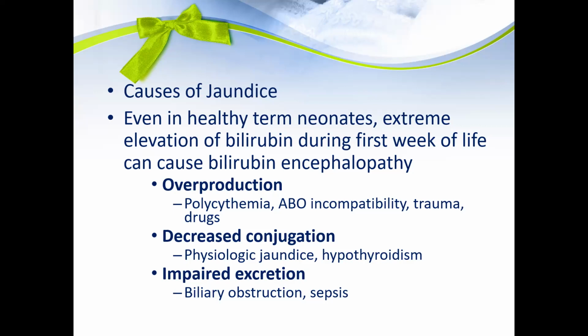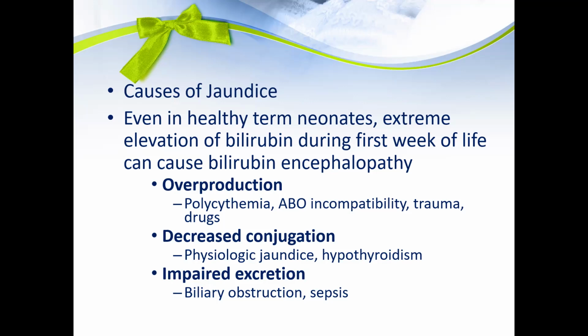So again, causes are mixing of the baby and mom's blood in that Rh incompatibility, prematurity, some sort of asphyxia at birth, insufficient intake of milk during breastfeeding, or drugs, TORCH infections. There's a number of reasons why this can happen. So again, bilirubin overproduction, decreased bilirubin conjugation, that would be seen more in the physiological jaundice, in that hypothyroidism and breastfeeding.